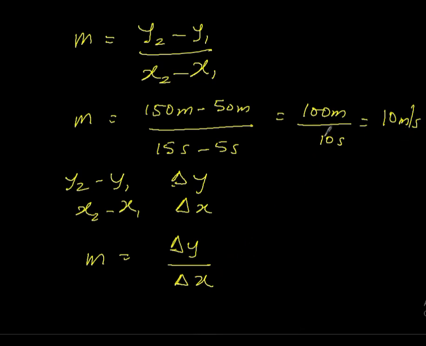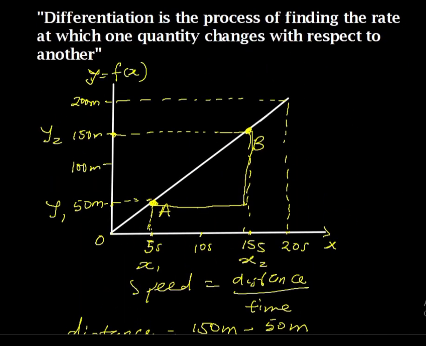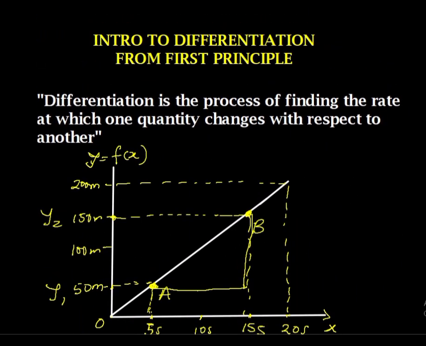which we know is equal to what? 10 meters per second. Now this brief illustration we just did here explains the whole concept of differentiation as finding the rate at which one quantity changes with respect to another quantity. And in this case, we just found speed, which is the rate at which distance changes with respect to time.